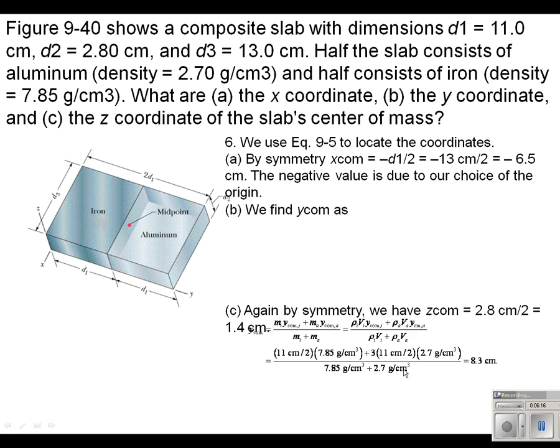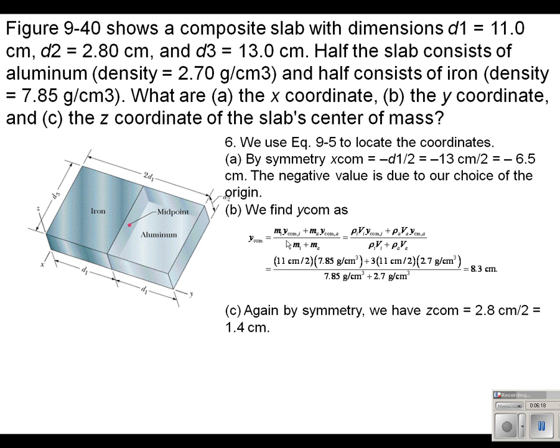So what we're going to do here is use this equation, y equals m1 y1 plus m2 y2, all over the two m's added together. And instead of mass here, we're going to use density times volume. You'll see that instead of the mass, we use density times volume, density times volume, density times volume.